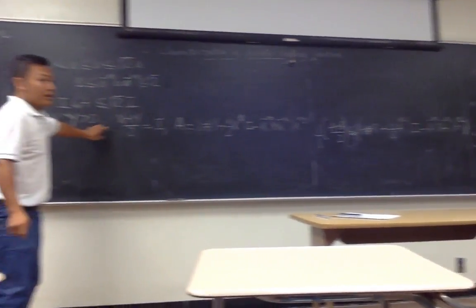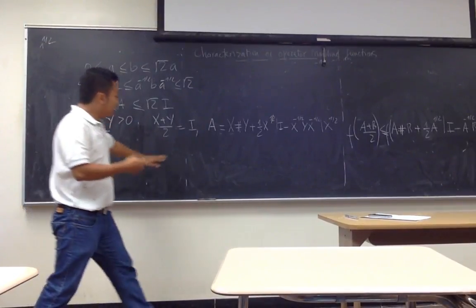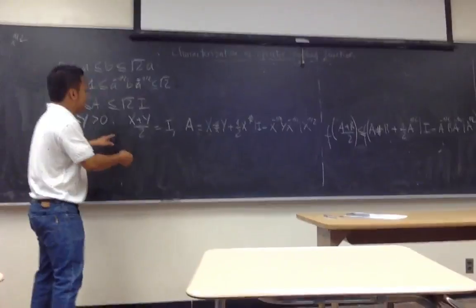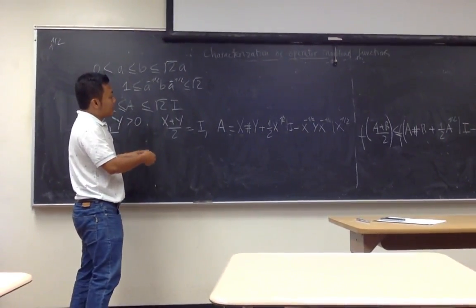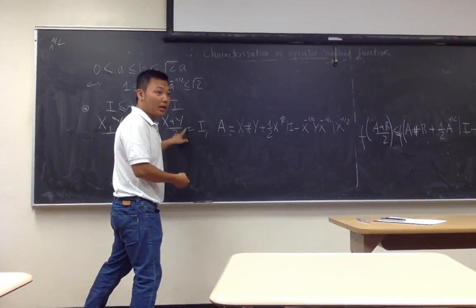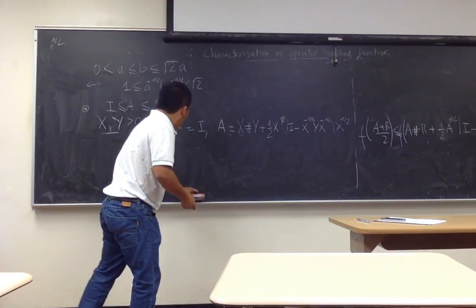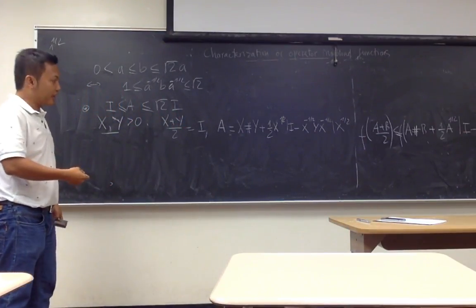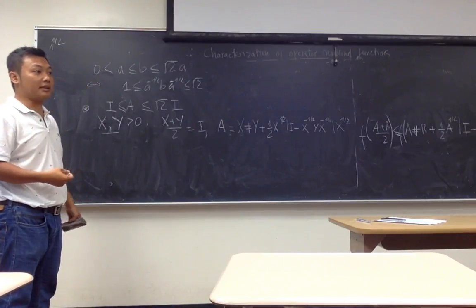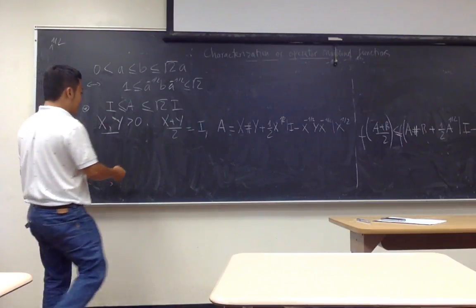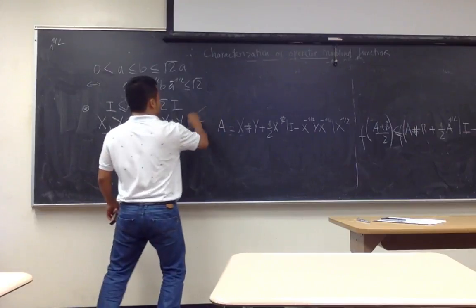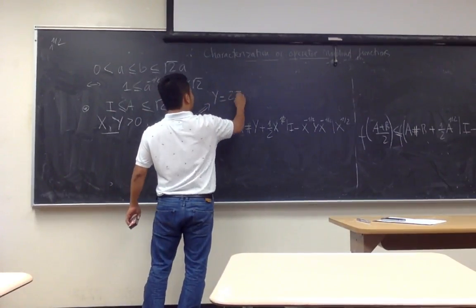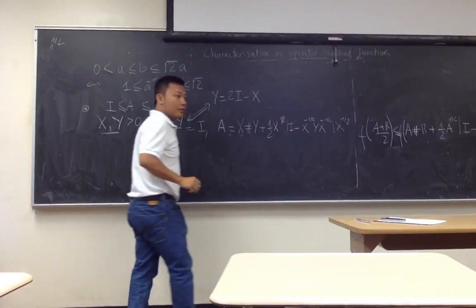So it's very easy to prove, but I cannot give an explicit form of x and y. I just prove the existence of x and y only. And the idea is, okay, let's consider this one. From here I can get y equal to I minus x, right?